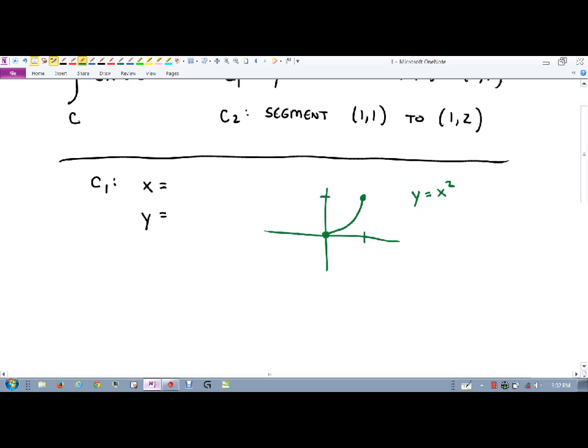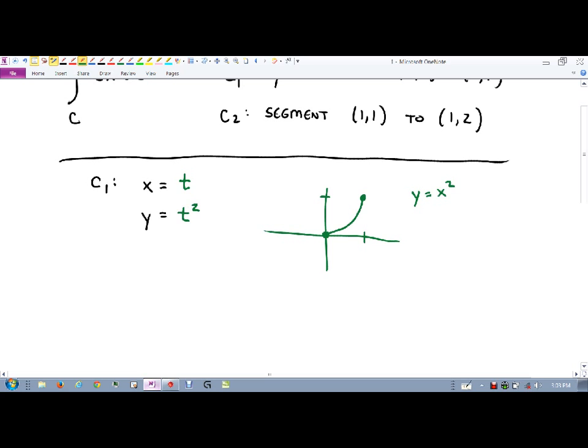So how do you find a parametric equation whenever you already have the equation solved for y like that? Did we talk about this? How many of you have a graphing calculator that has parametric mode on it? Parametric mode allows you to draw things like this. Y is just x squared, isn't it? So what if I call x t and I call y t squared?